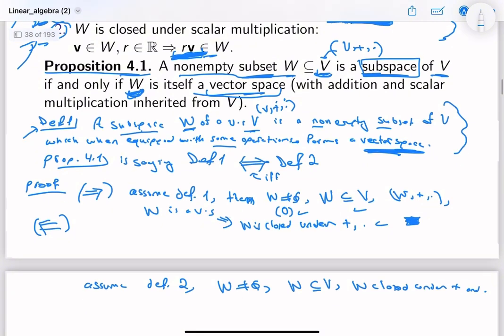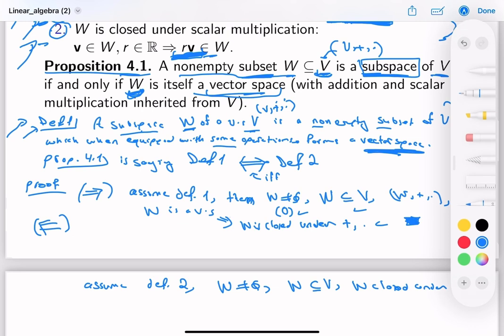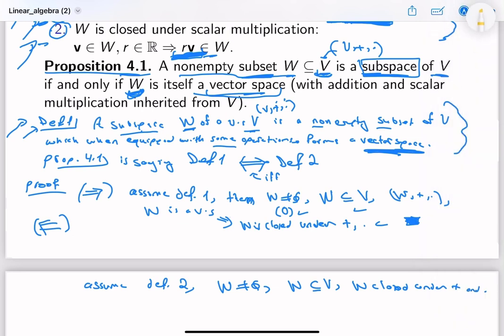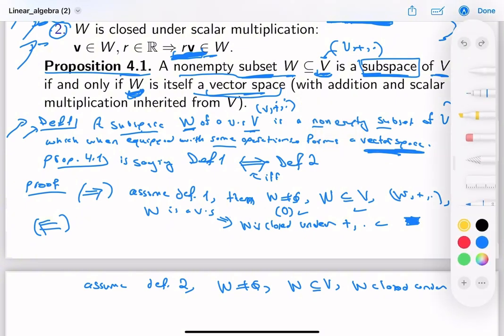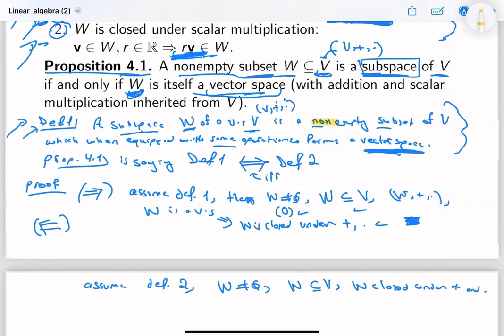Where is definition 1? Here it is, okay? So I guess I should start using colors here because it's important. So what are the things that we need to check? This is the first thing. Non-empty. It should be a subset. But, well, non-empty is clear from here, right?